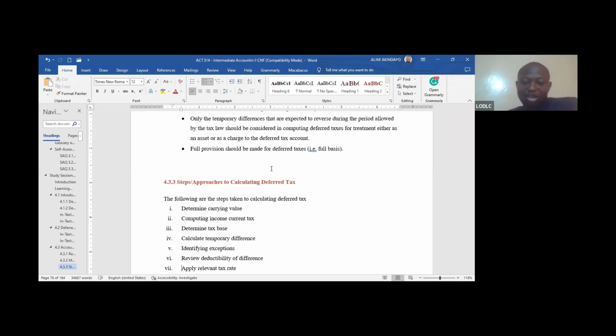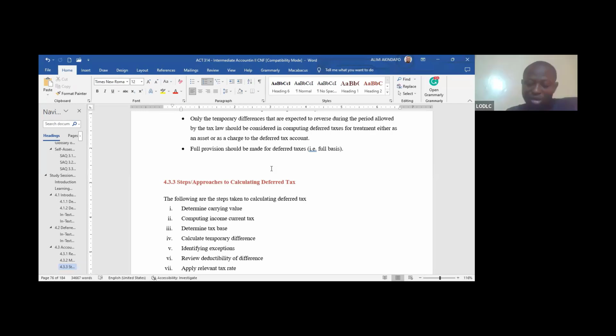Then we compute our current income tax. Then we determine the tax base, that is, the amount attributed to that particular asset or liability.